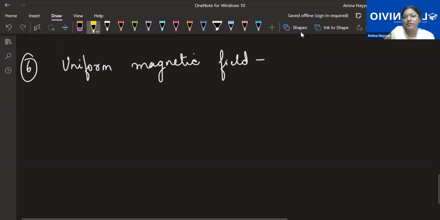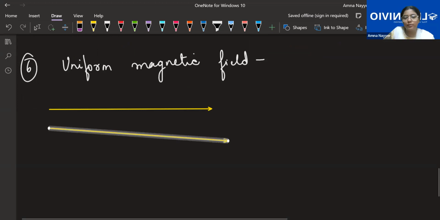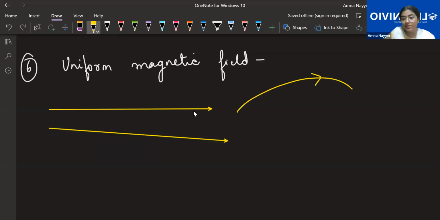That is right. How should I draw the next one then? If I draw it like this, will it be okay? No, no, I think they're curves. They're not straight lines. Electric field lines can never be straight lines.